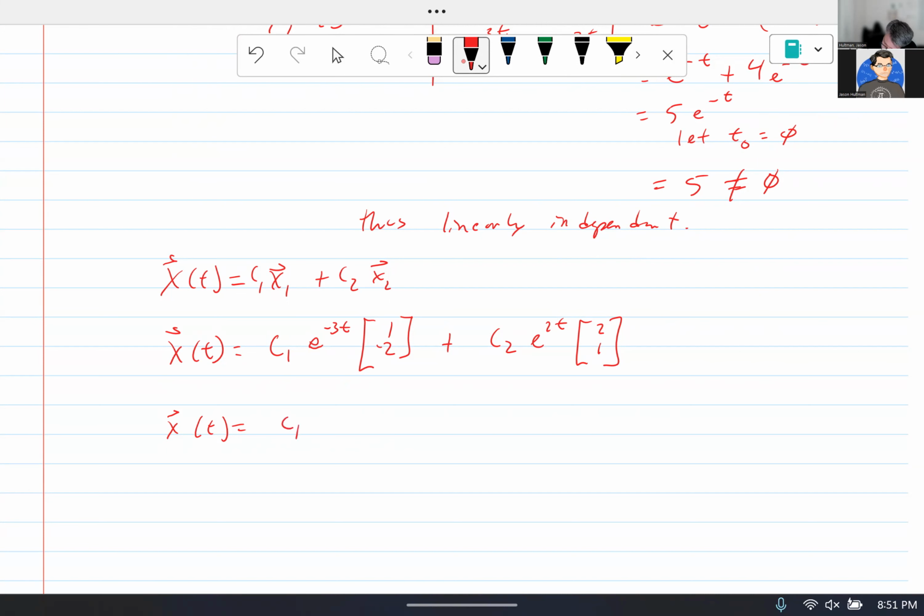I would get c1 e to the negative 3t plus 2c2 e to the 2t on top, and on the bottom I would get negative 2c1 e to the negative 3t plus 1 c2 e to the 2t.